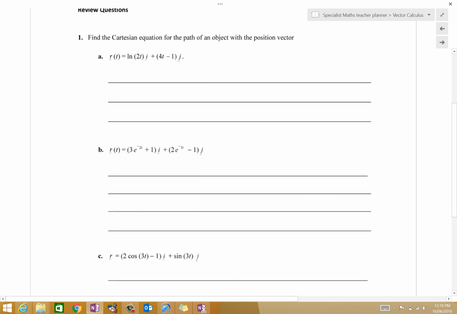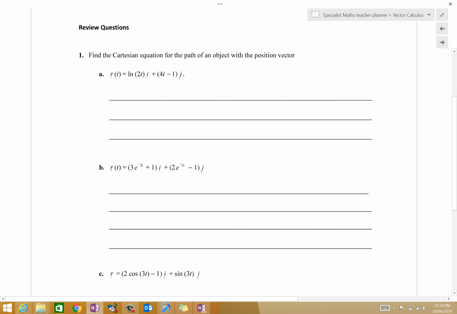So for example, x is equal to log e of 2t. What I'm going to do is get t as a function of everything else. So I'm going to take e to the power of both sides, which means e to the x is equal to 2t, and therefore t is equal to e to the x over 2.